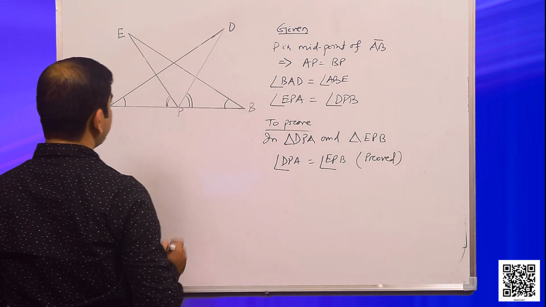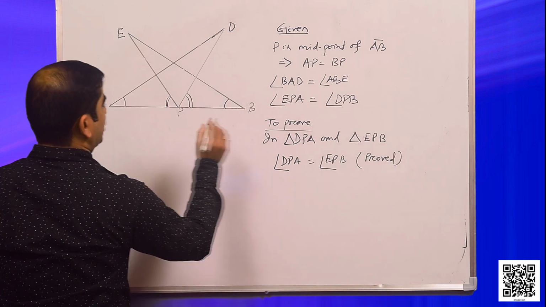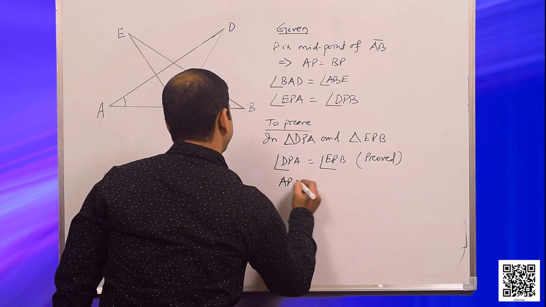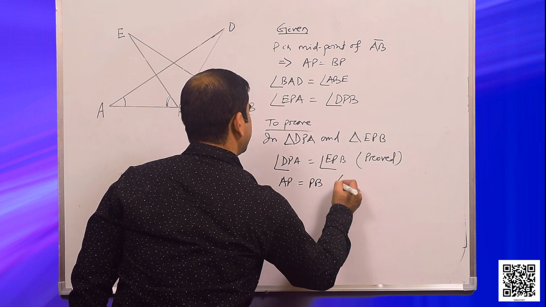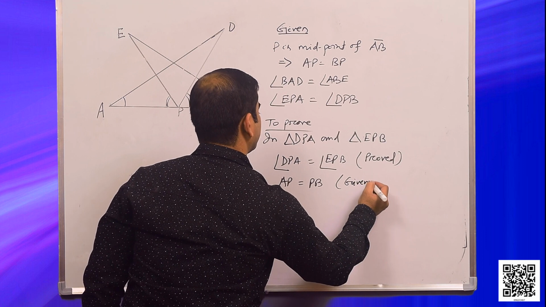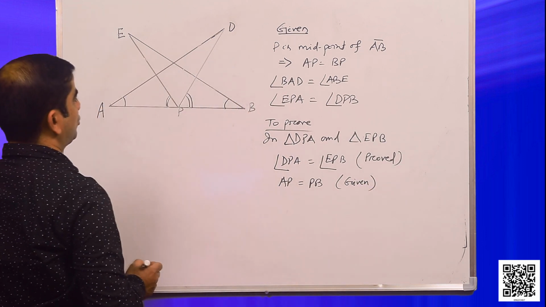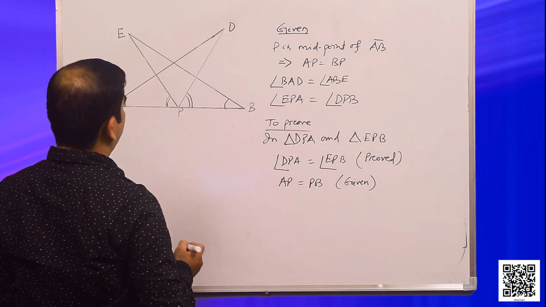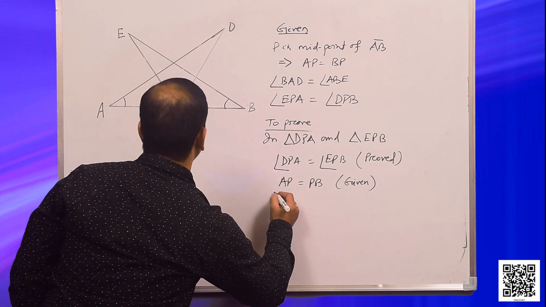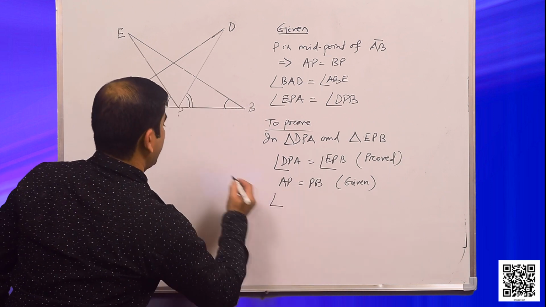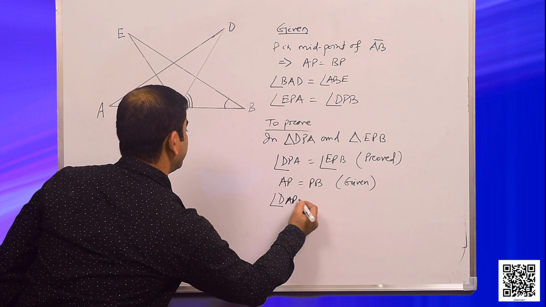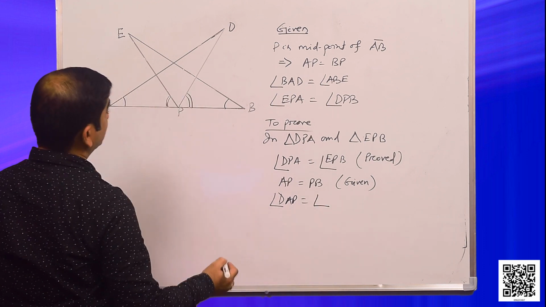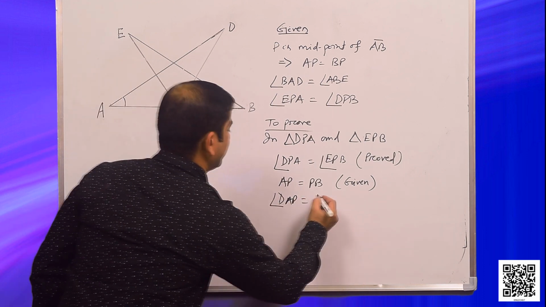Okay. Now, AP is equal to PB, it is given. Fine. AP is equal to PB and angle DAP is equal to angle EBP.